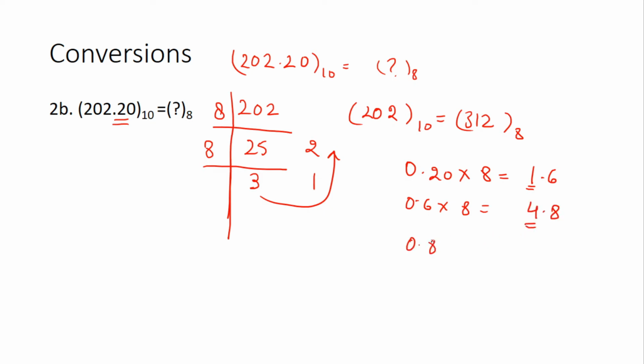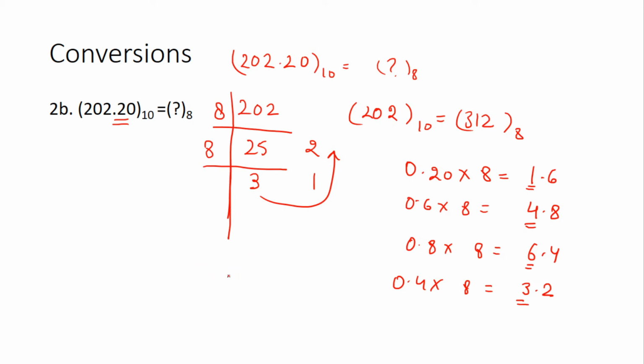Then for 0.8 we're going to use 6.4. Then for 0.4 we're going to use 3.2. And yeah, we can stop after 3 because most of the answers will be asked up to 3 decimal places.